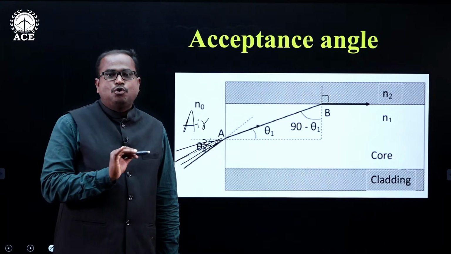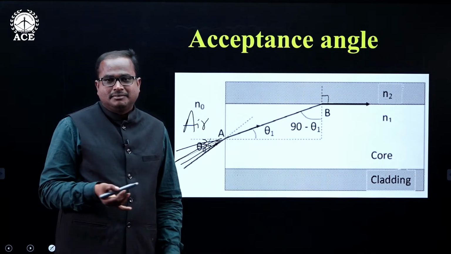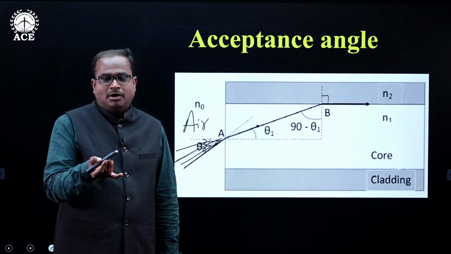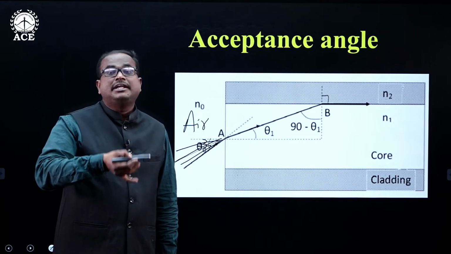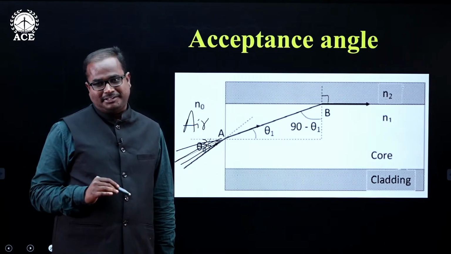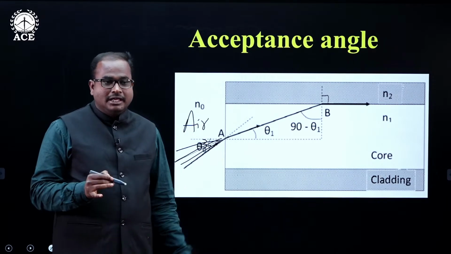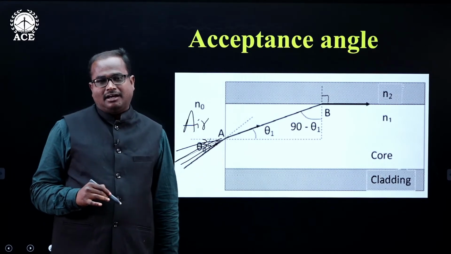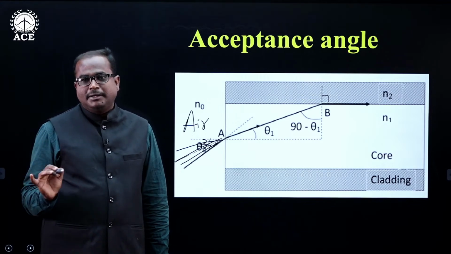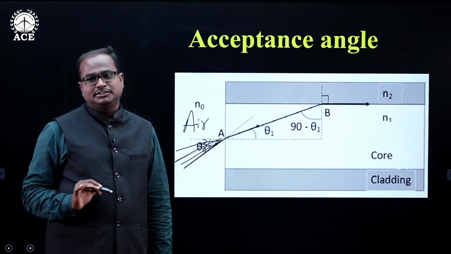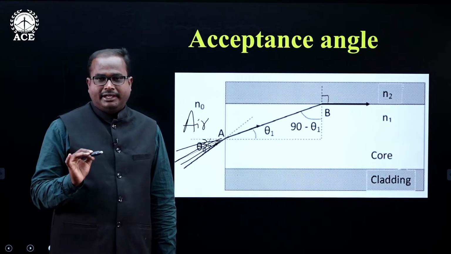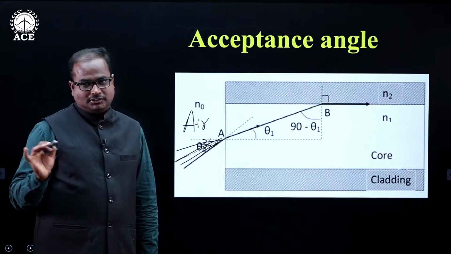If there are no total internal reflections in the optical fiber, there will be so many energy losses. If energy losses are there, what is the purpose of the optical fiber? If you give the light as 100% input, the output will be maximum, like 95 to 96% output you will get, and the remaining percentage will be losses.